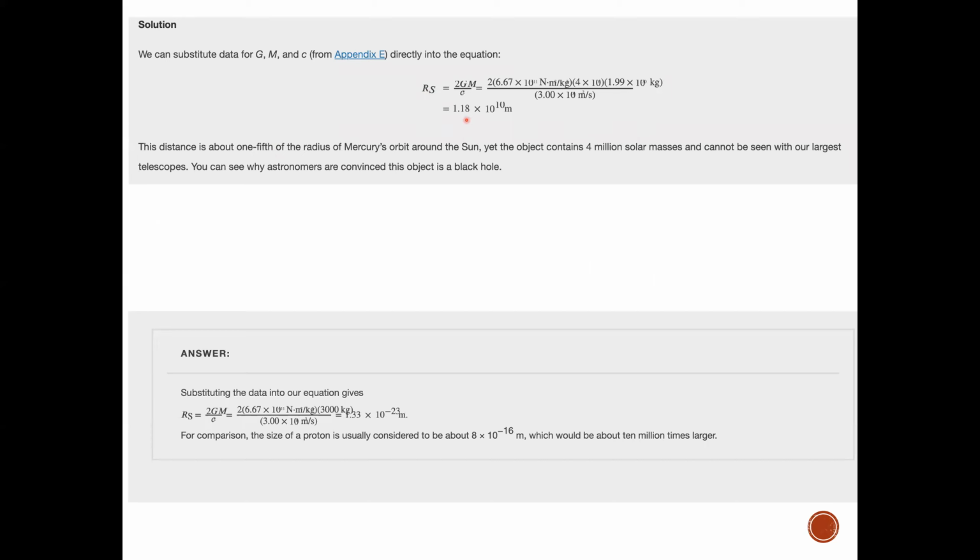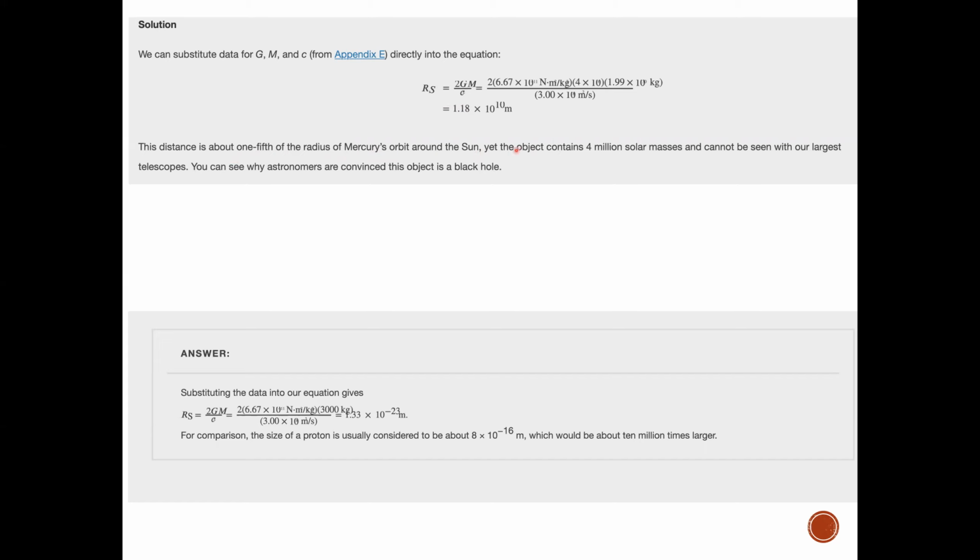Right? You can see it's a huge distance in terms of meters. Now, if you compare it with the distances that we have in the solar system, this is actually about 1/5 of the radius of Mercury's orbit around the sun, right?